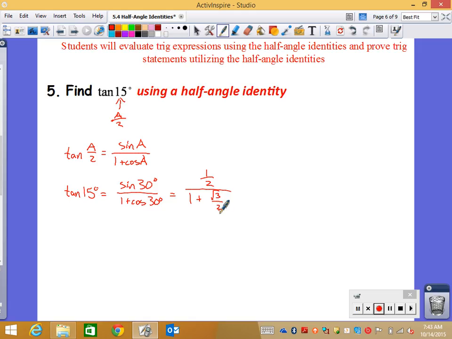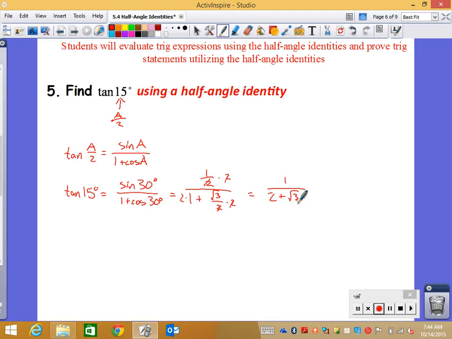So when I do this one, I'm going to multiply each term by a 2. That's my common multiple. So cancel, cancel. We're left with 1 on top, 2 plus root 3. Notice I have a radical in the denominator.